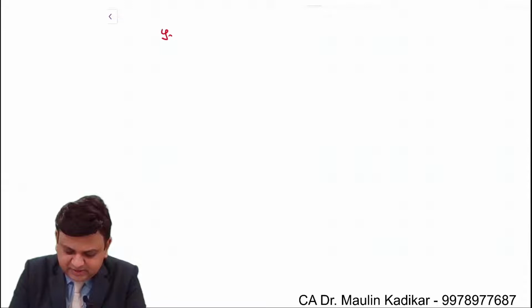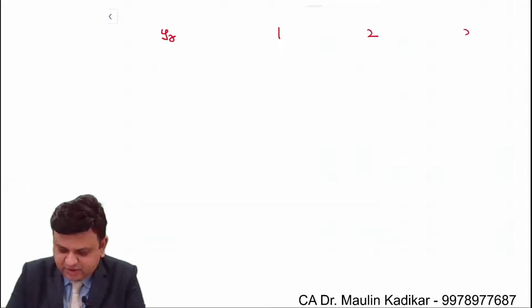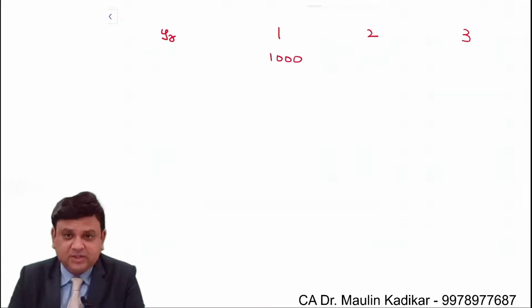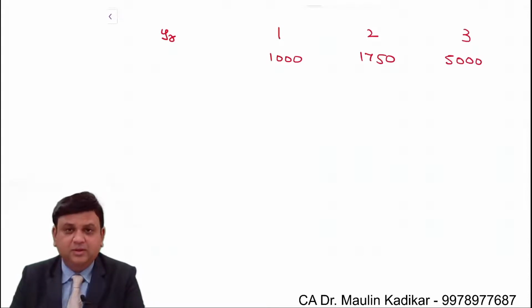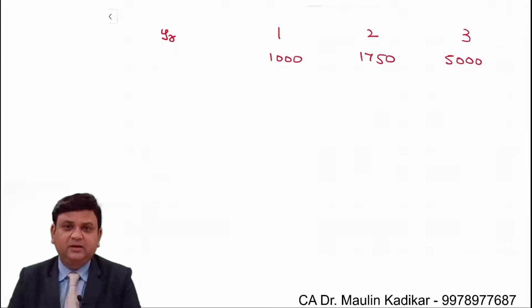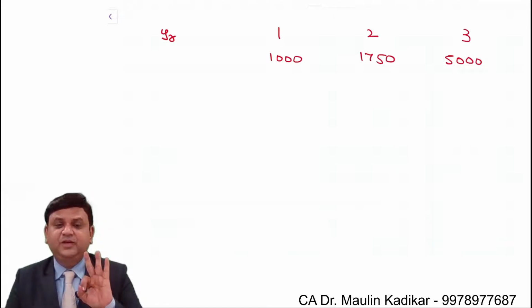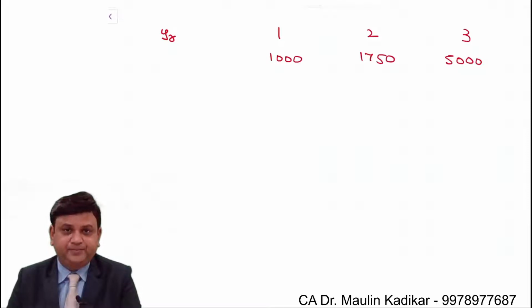So friends, over here let us understand how to calculate the answer. At the end of the first year, the second year and the third year, an amount is required: 1000 rupees at the end of the first year, 1750 at the end of the second year and rupees 5000 at the end of the third year. Since the rate of interest for a 1 year deposit, a 2 year deposit and a 3 year deposit is different, we can make 3 fixed deposits with the bank.